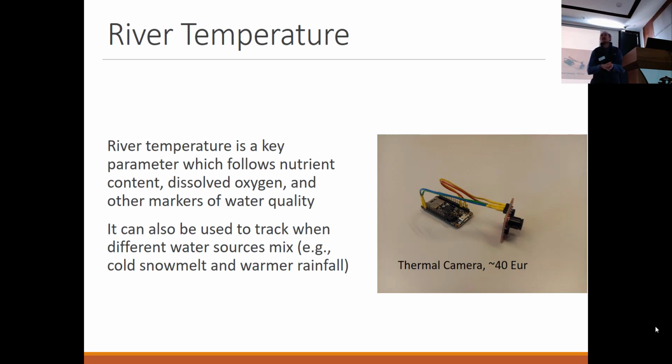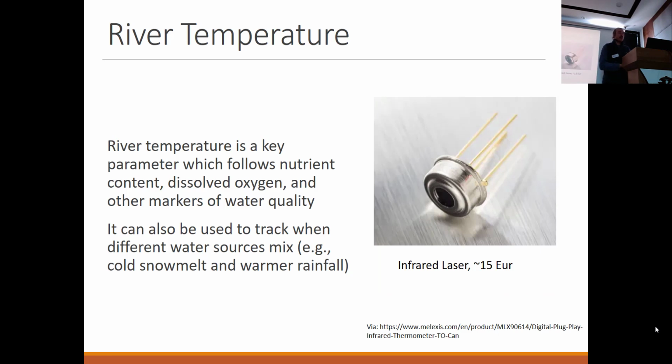So if you have a big snowmelt event or a big rainstorm, the river temperature will likely change. How fast that change happens and how long the river temperature is different for, those are two things that we're quite interested in seeing. How quickly does that piece of water that came from that rainstorm move through and you're back to the average normal water temperature. So we're measuring it with this thermal camera, and we also have an infrared laser.